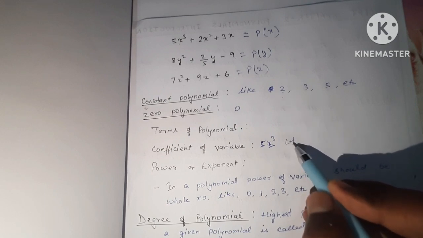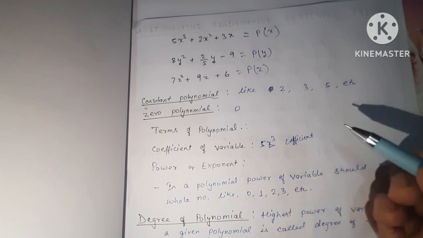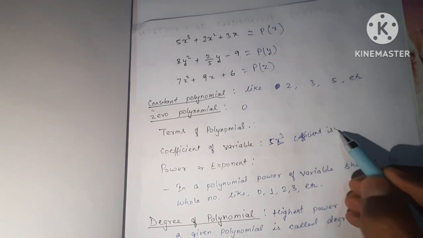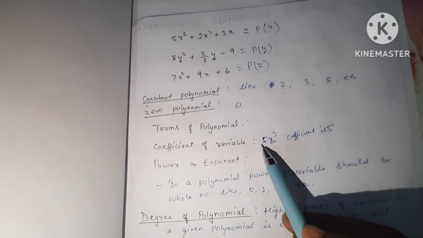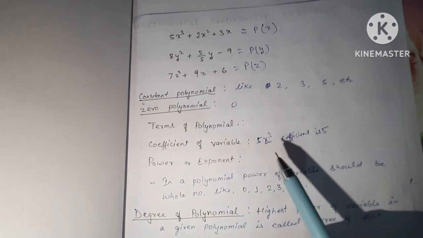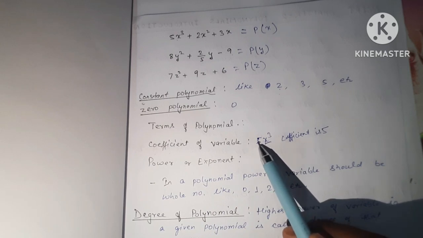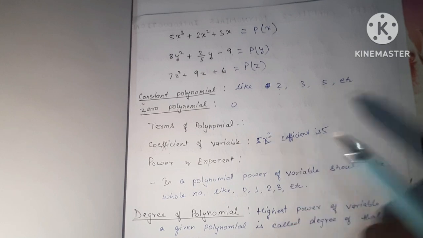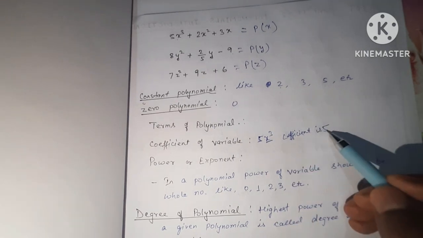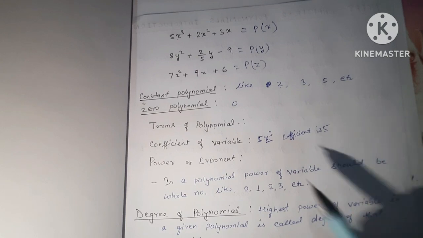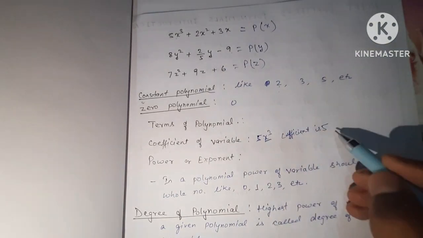We write coefficient is 5 in place of this term. Means 5 is the coefficient of x cube. So coefficient is 5 of x cube.